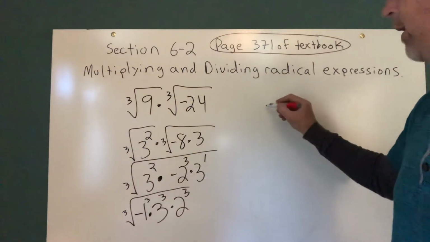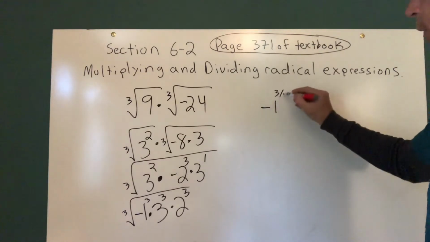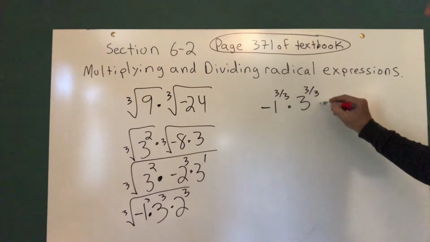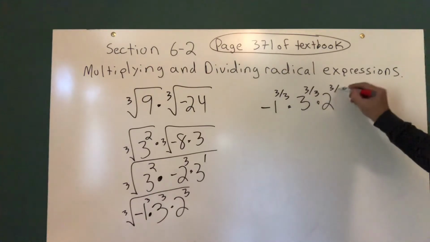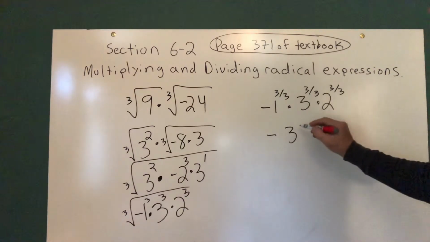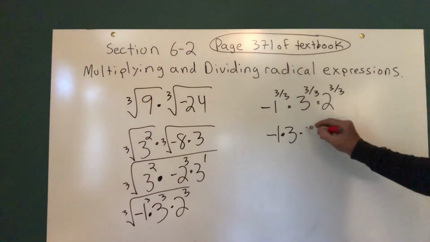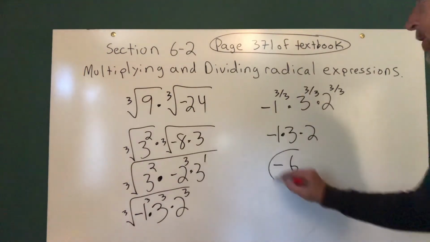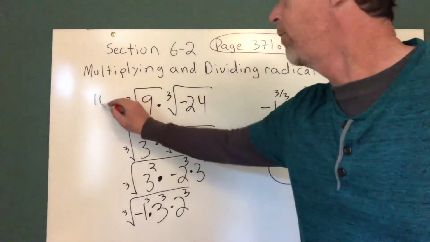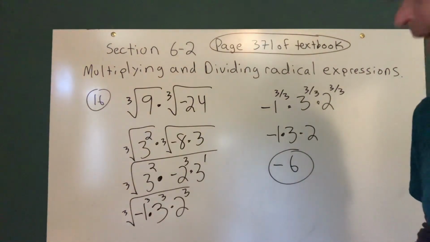So we have negative 1, 3 over 3, times 3 to the 3 over 3, times 2 to the 3 over 3, which is negative 3 to the first times 2 to the first, which is simply negative 6. The answer to negative 16, oh, I'm sorry, I forgot the number. Negative 16 is negative 6.